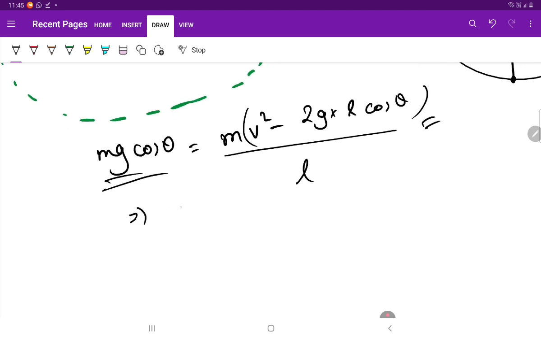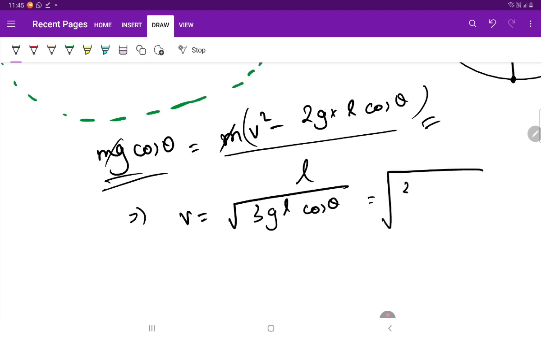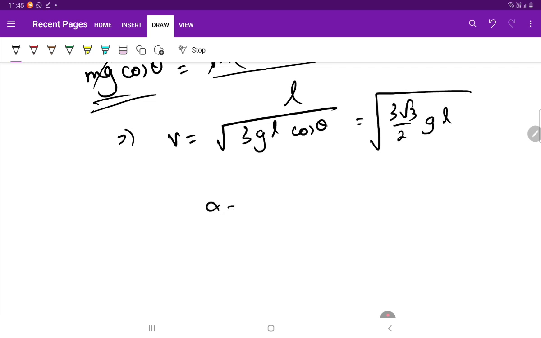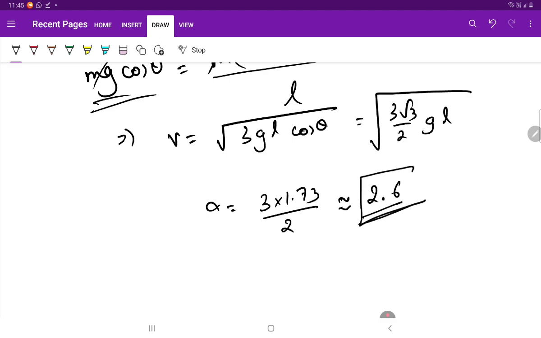From here, you will get velocity. Velocity is equal to root of gL cos theta, and putting theta equal to 30 degrees, we will get root of root 3 by 2 gL. Hence, alpha would come out to be 3 into 1.73 by 2, and if you evaluate it, you will get it nearly to be 2.6. And that's the answer to this question.